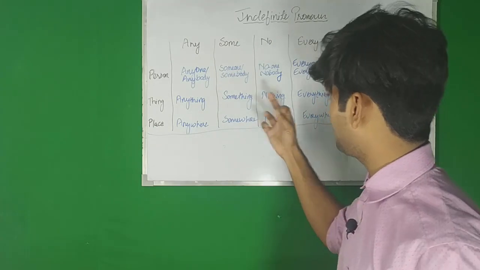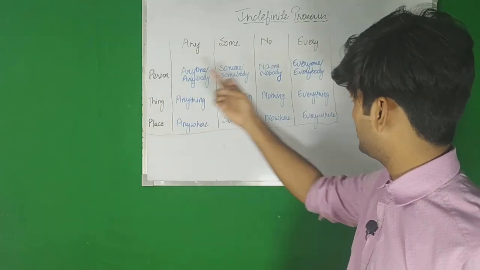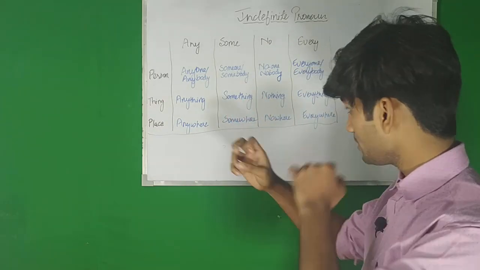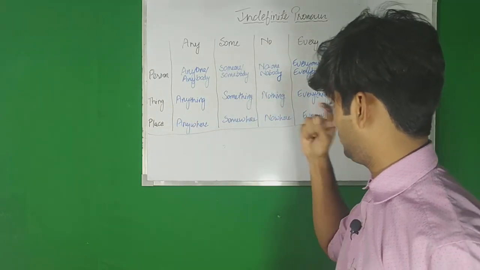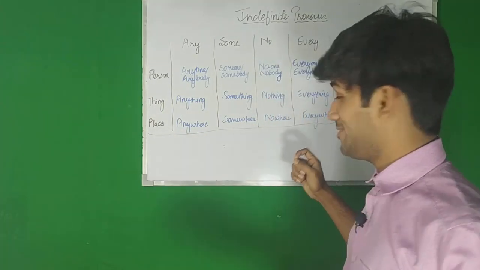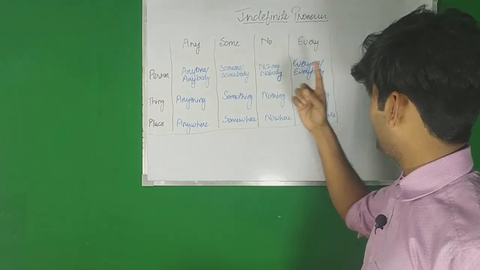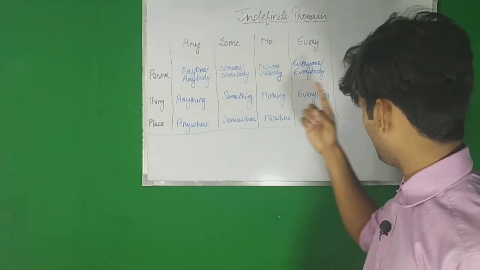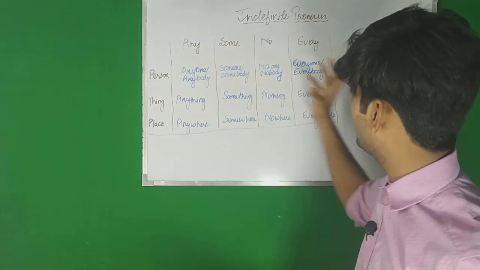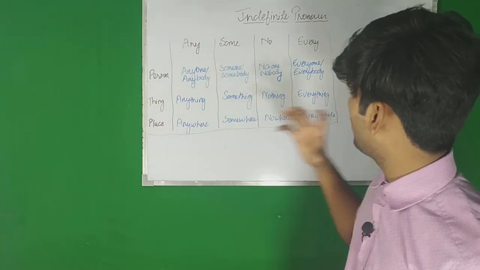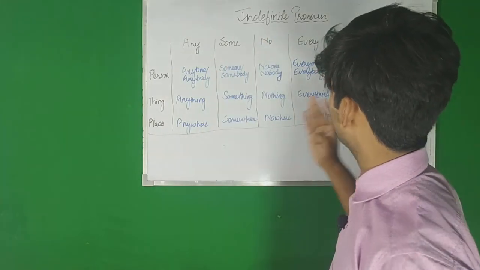I'll come to the difference, right? No: no one, nobody, nothing, nowhere. Every: everyone, everybody, everything, everywhere. So you can simply see we've created all these indefinite pronouns using four determiners: any, some, no, every.